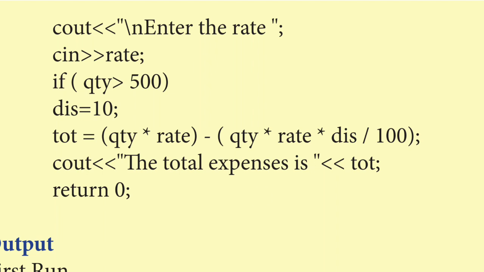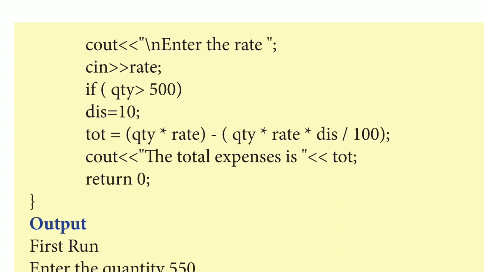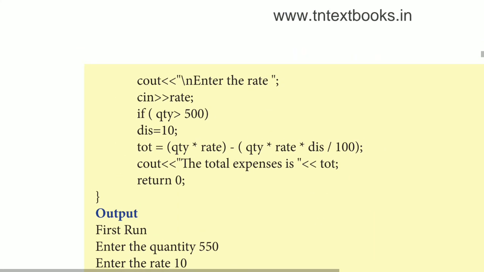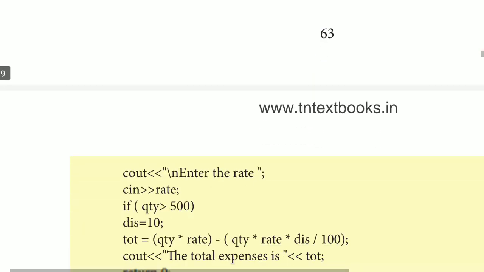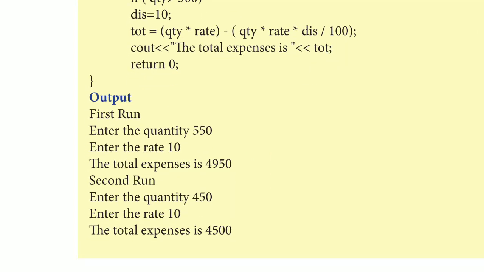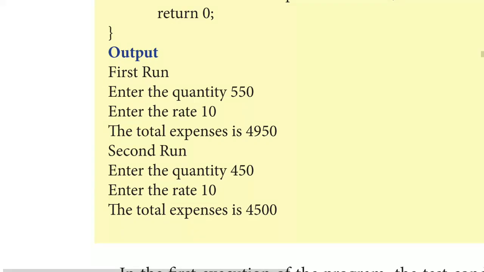If the quantity is not greater than 500 and is less than 500, then disp equal to 10 will not be executed, so it will stay 0. Here you can see the first run. Enter quantity: it is given as 550, and the rate is 10 per product.